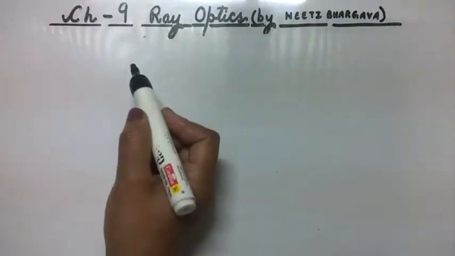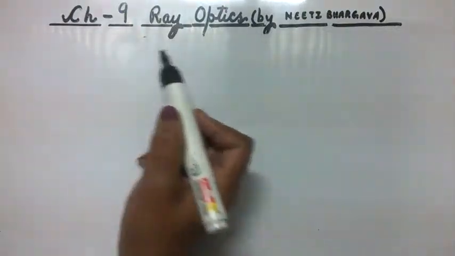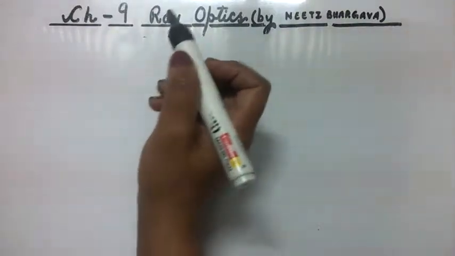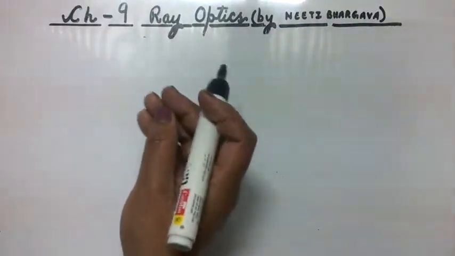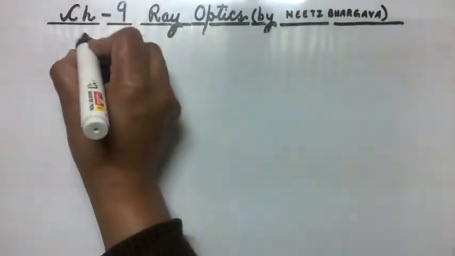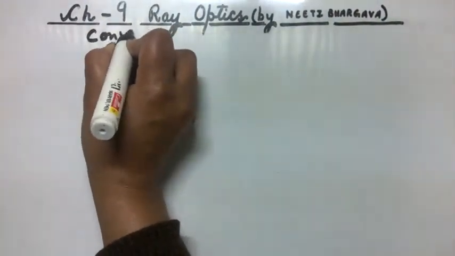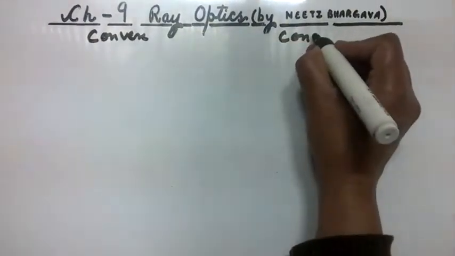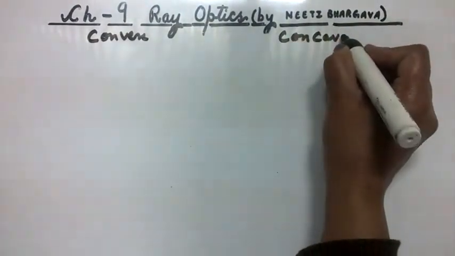Before deriving the thin lens formula for concave lens as well as for convex lens, it's useful to recall all the rules and the image formations by convex lens and concave lens. So let's draw all ray diagrams of concave lens and convex lens first.